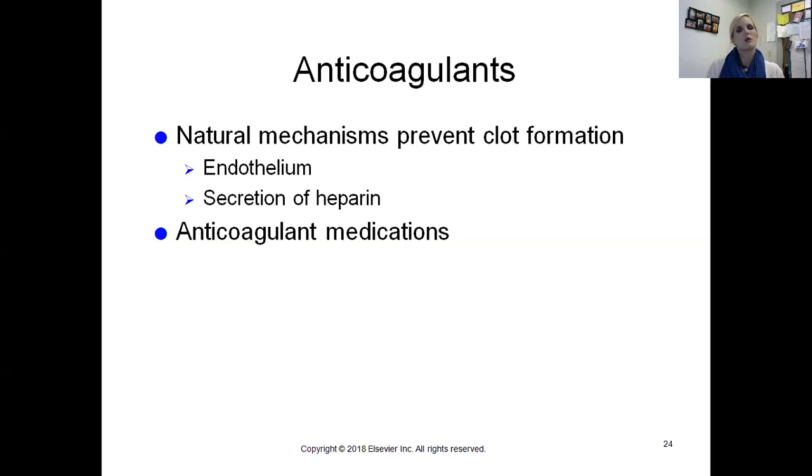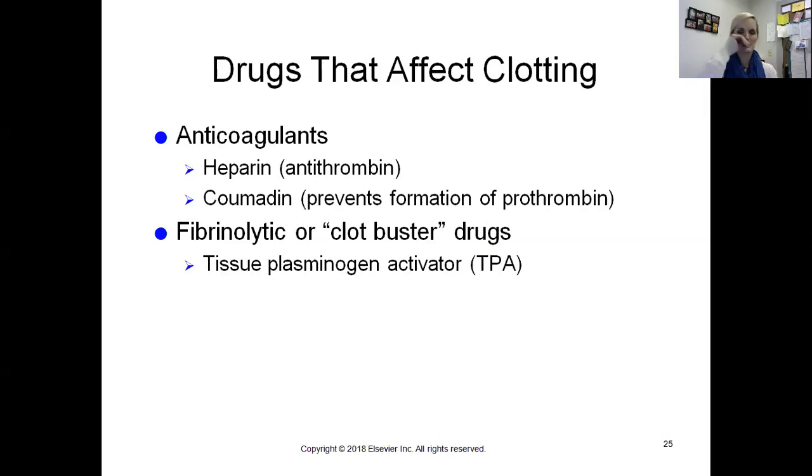Then we have different anticoagulant medications, as I mentioned in the previous section too. Some people suffer from heart diseases or perhaps have had clots before, and so they take blood thinners. There are different anticoagulant medications, like I said, Coumadin and warfarin are prime examples. And that's what we're seeing here on the next slide.